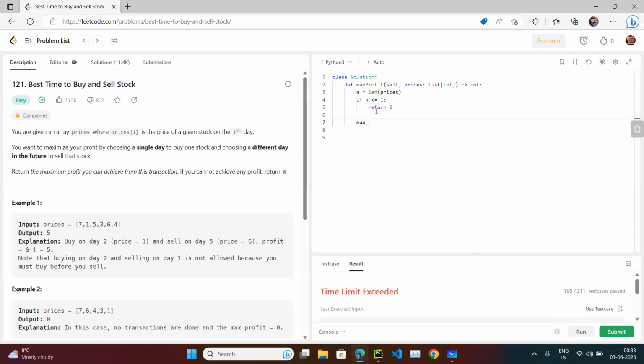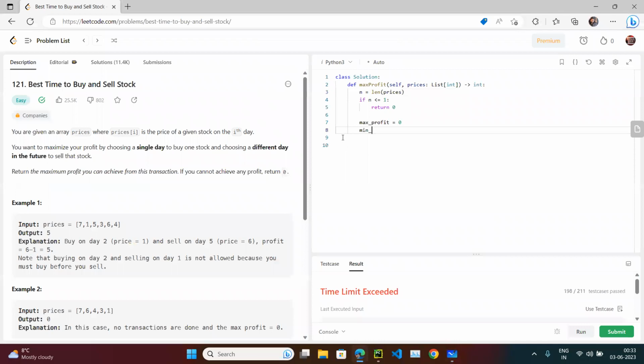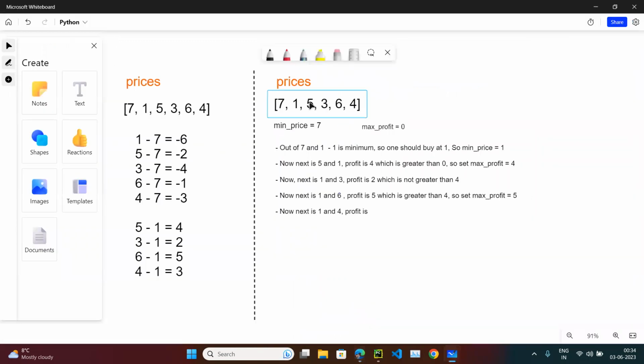Along with that, I need to take max profit, which I need to calculate, and by default we can take 0. We also need to assume the minimum price, which is the first element, prices of 0, right? Then we will run a loop from 1 to 4.